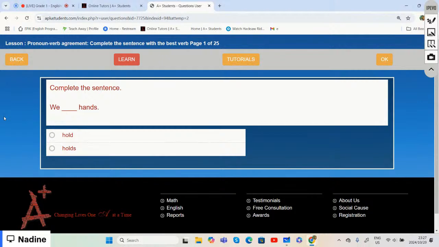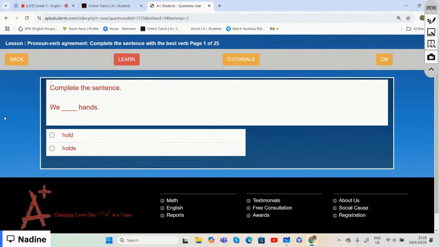So we hold hands, option one, or we holds hands, option two.